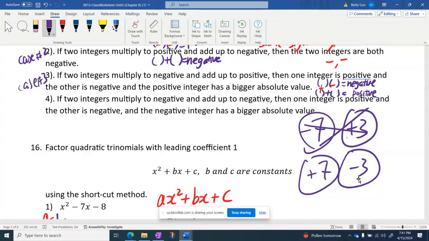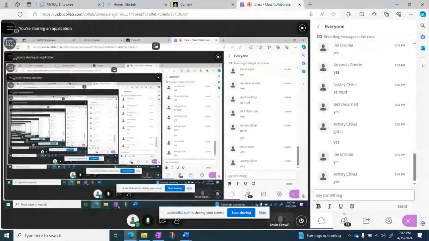Since the guy ends up winning, and we know one game is losing and the other is winning, the winning game he wins more than he loses, right? So the positive number has a bigger absolute value than the negative number. Let me know, is that a little bit understandable? Okay, perfect.